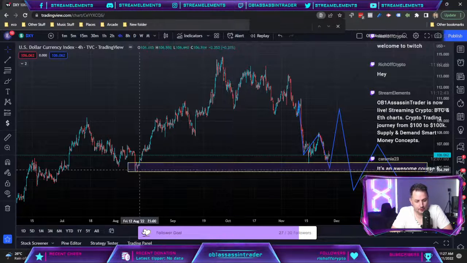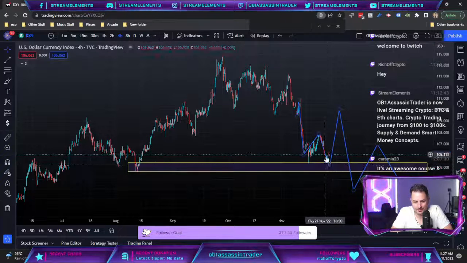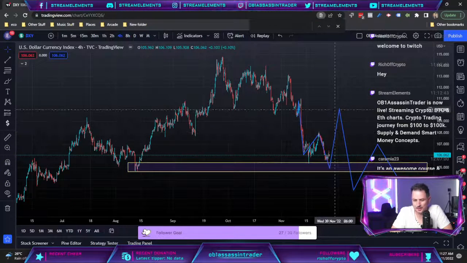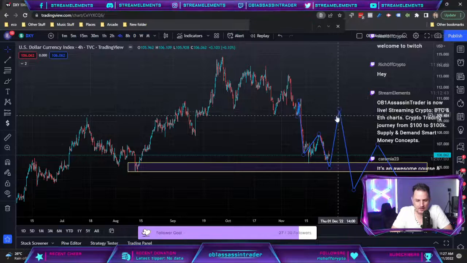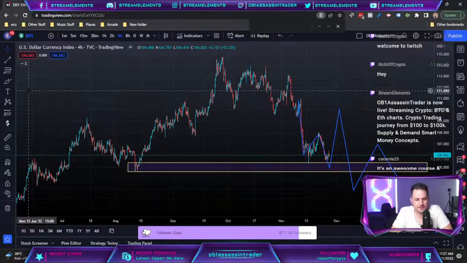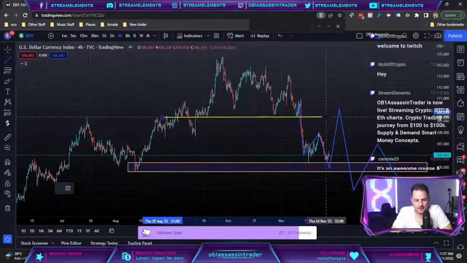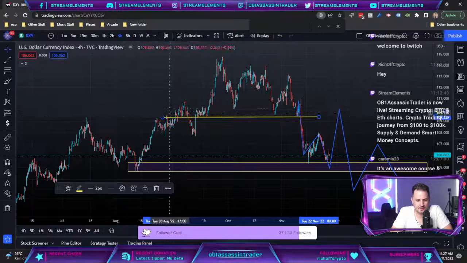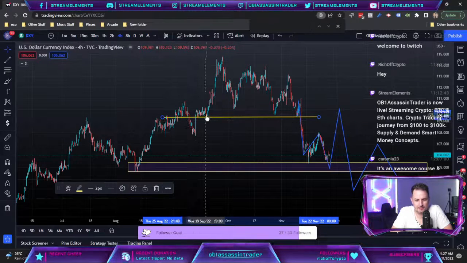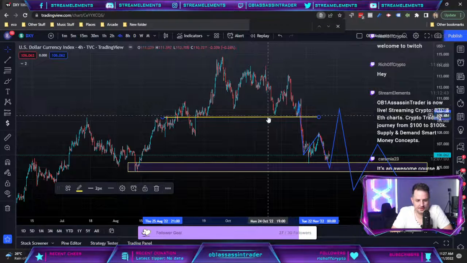So I am looking at this demand zone here on the DXY, and I'm thinking if we dip, or even if we don't dip, we at least will probably come back and retest this higher upper boundary here. The reason I think we'll retest this boundary is because we've had a solid history of base drop, base rally on this line. So it's a well-tested line.